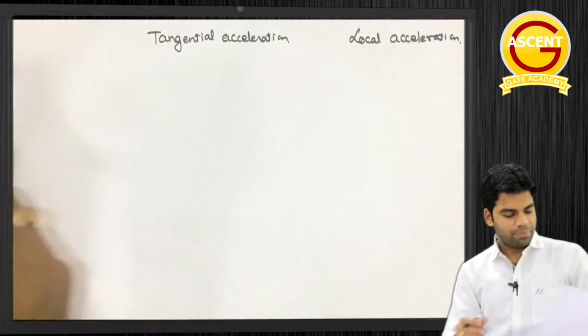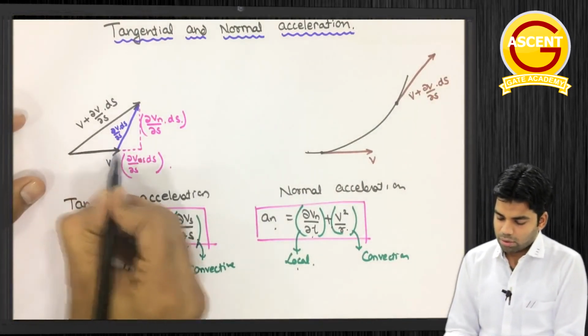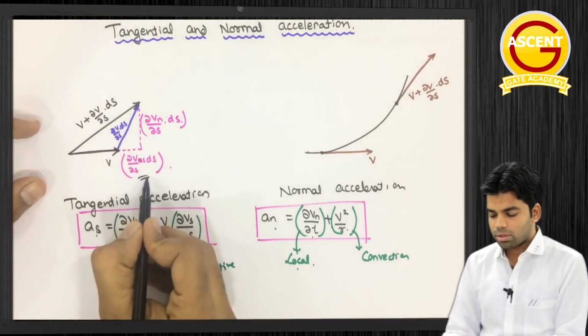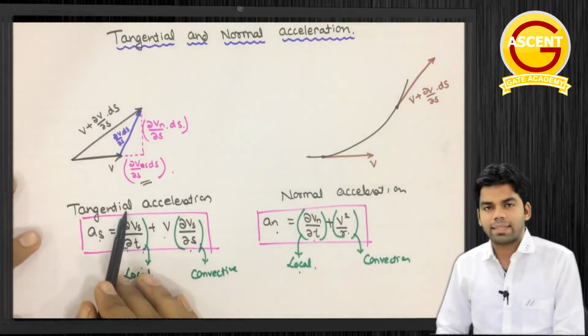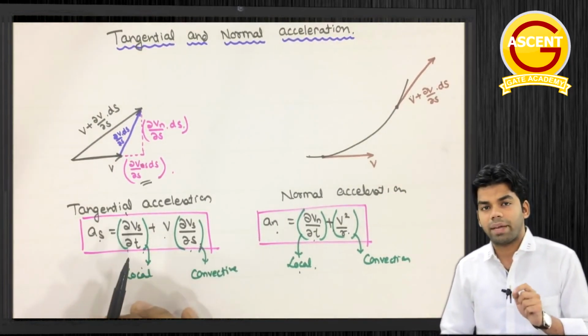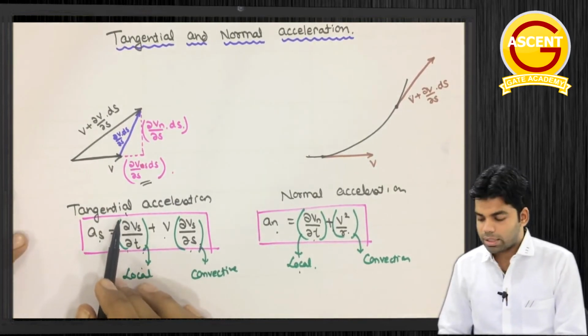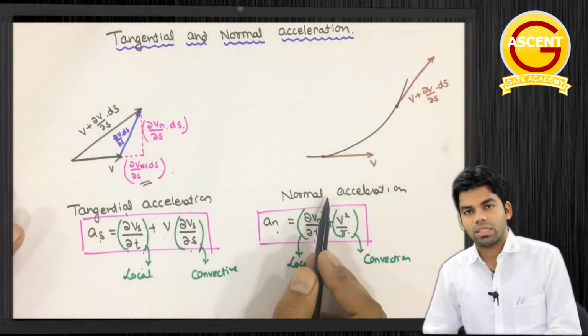You can see here the tangential acceleration is acting in the direction of this velocity, in the direction of flow. The tangential acceleration is because of change in magnitude of the velocity, and normal acceleration is because of change in direction of velocity.